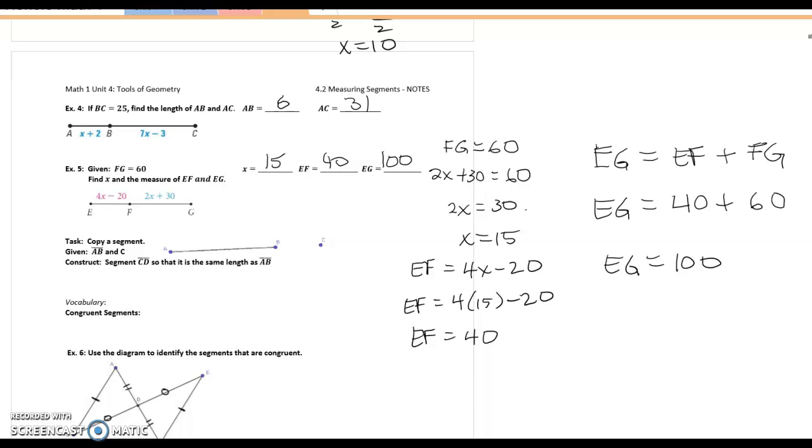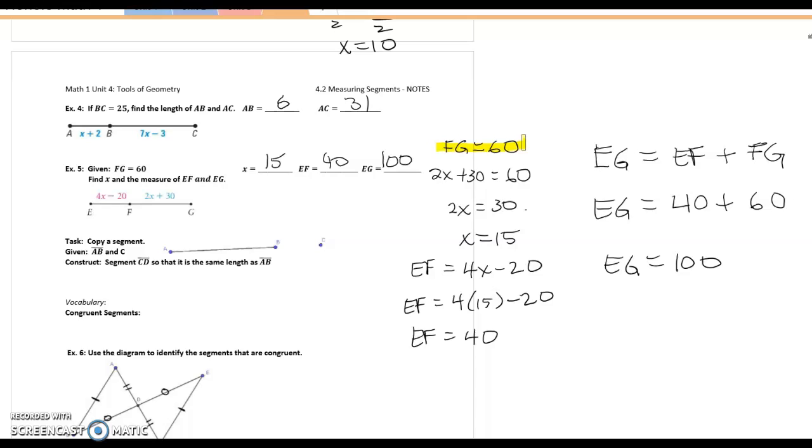Okay, sometimes students immediately just go right to writing an equation. Right. Can you notice I always started off with what was given, or at least using a postulate. Like for example, again, in this problem, I started off with the given, that FG is equal to 60.